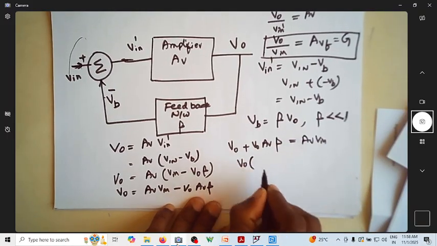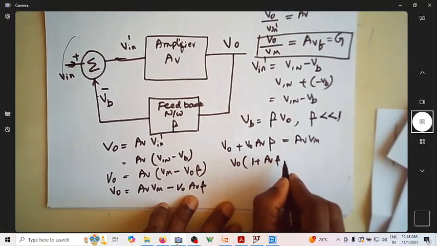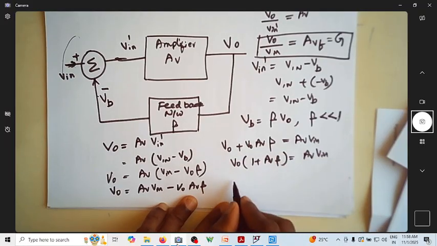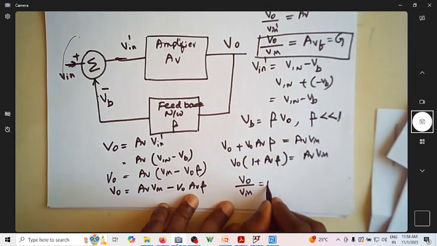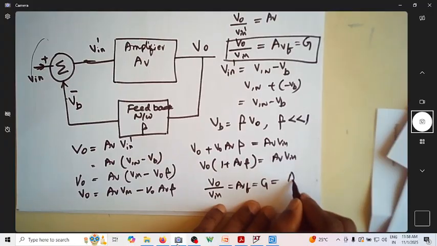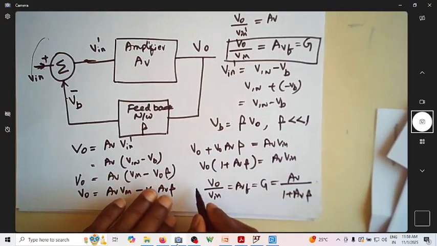Now I can write V0 as a common factor: V0 into 1 plus AV beta is equal to AV V in. So can I write V0 by V in, which is nothing but AVF, the voltage gain with feedback or overall gain, as AV by 1 plus AV beta?